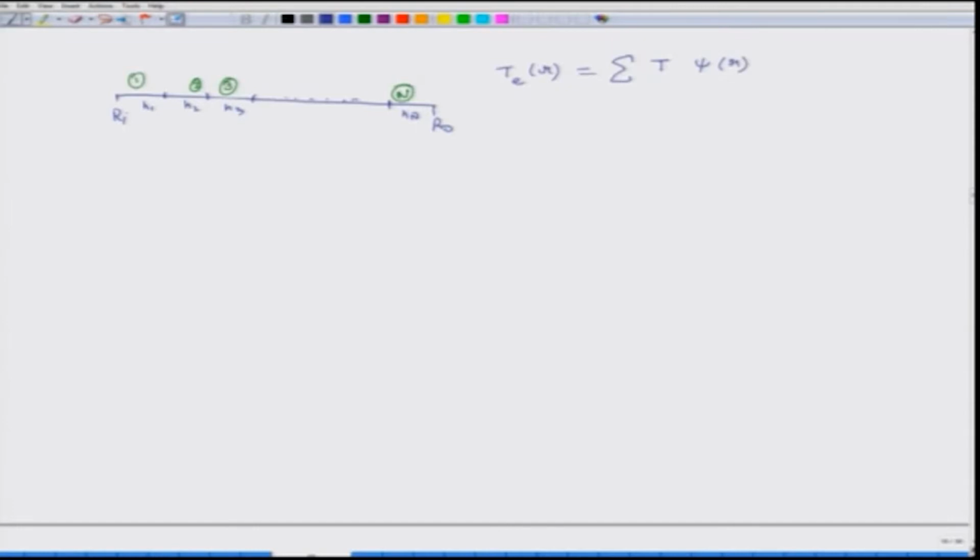Each of these interpolation functions is a function of r, and because it is associated with the eth element, I have a superscript e, and the amplitude of each of these interpolation functions is ascribed by T's. So, this is Tj, and because again it is associated with the eth element, it is Tj with superscript e.